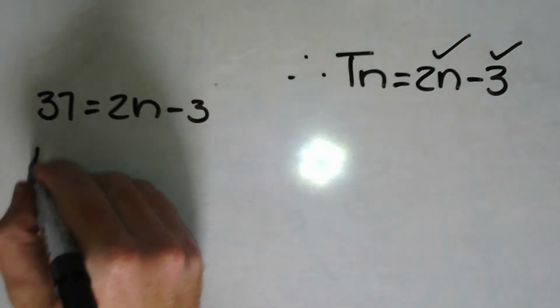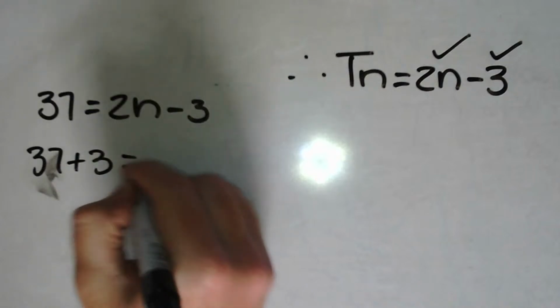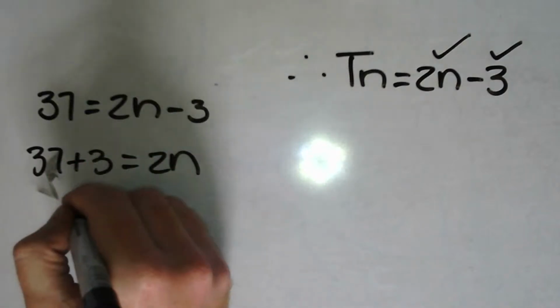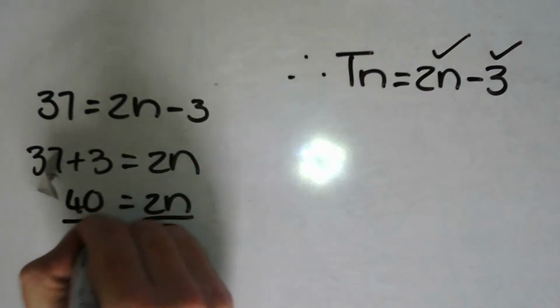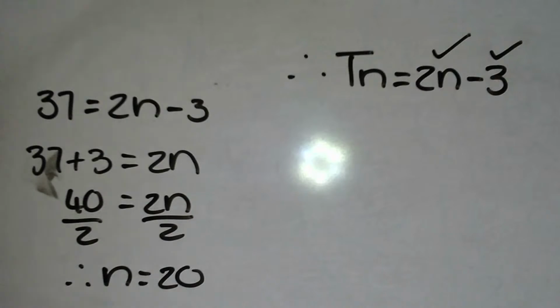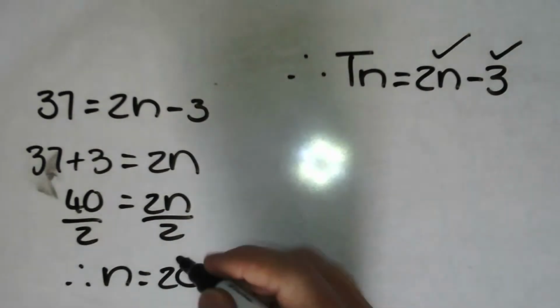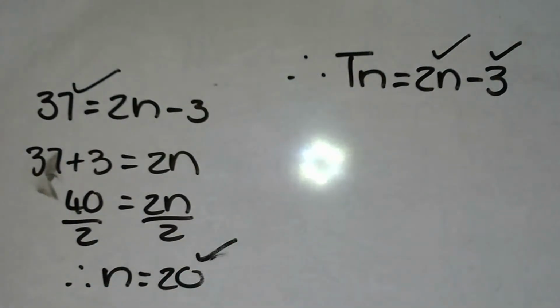Carry 3 over, which will make it 37 plus 3 equals 2n. 37 plus 3 gives me 40 equals 2n. Divide both sides by 2. Therefore, n is equal to 20. So 37 will fall in position 20. And there you go, 7 marks. That's all that they will ask you with regards to patterns. So they'll give you one mark there and one for substitution there, and it's sorted.